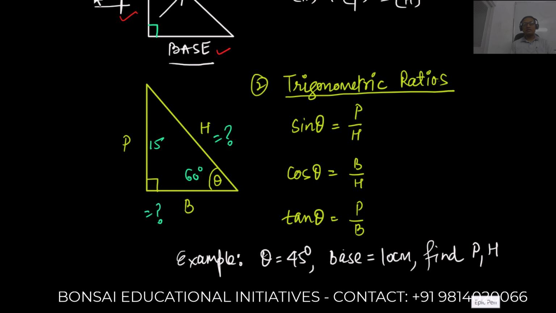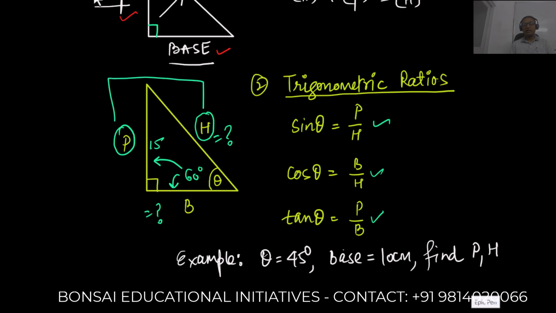You can use any of the three ratios, but we have to consider which angle is given. The side opposite to the angle is the perpendicular, and the side adjacent to the angle is the base. So we are given a perpendicular, and we need to find the hypotenuse.